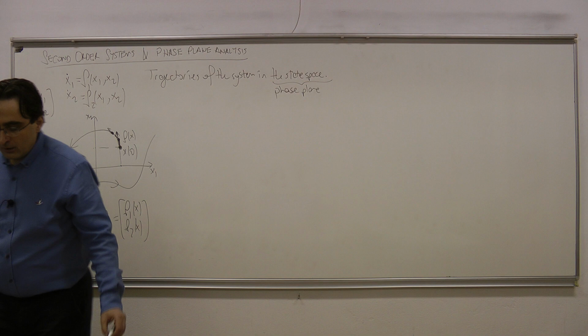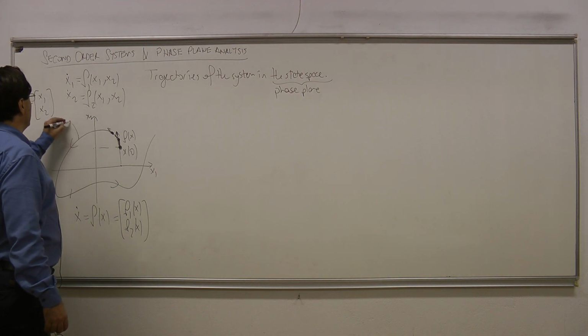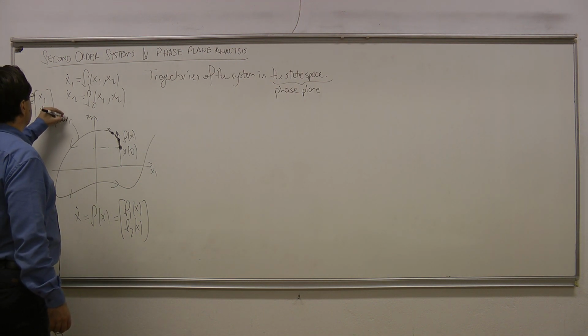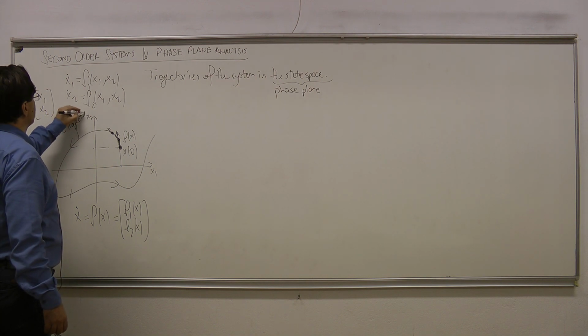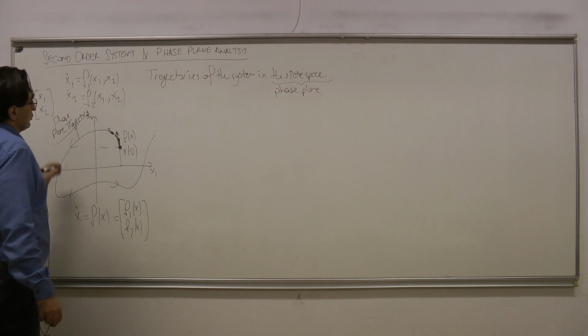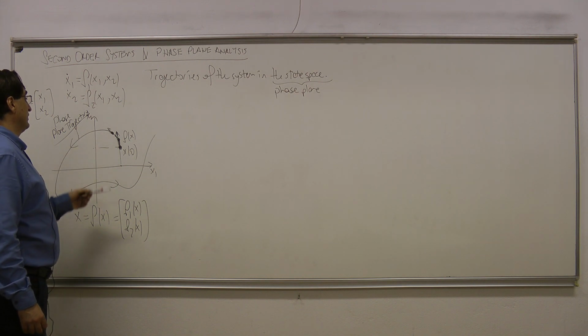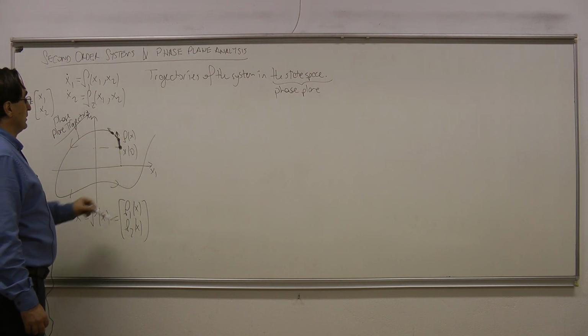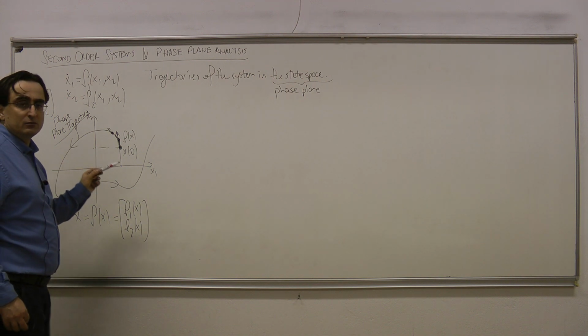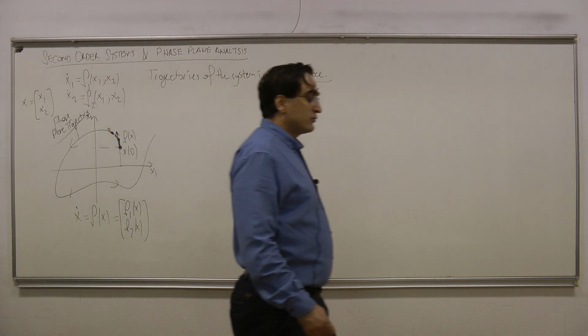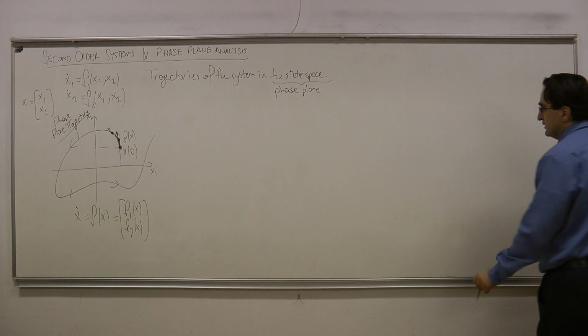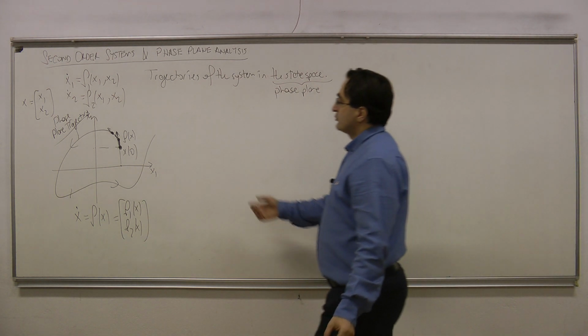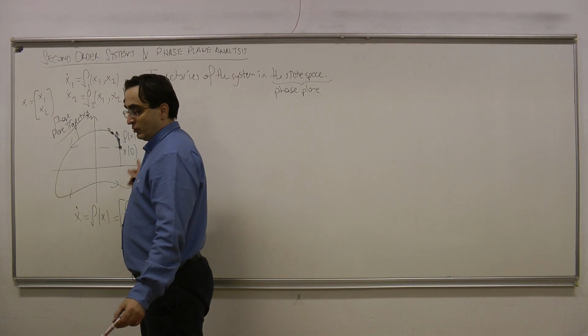All right? So this thing that I have drawn here is a phase plane trajectory. Okay? So you see that it is composed of a curve plus a direction. Okay? So direction is also important for us. In which direction is the trajectory going to move?